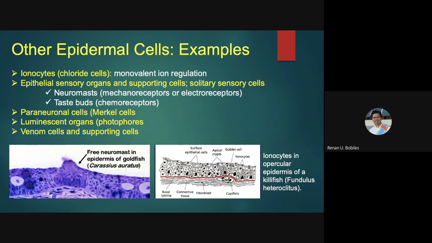From the word venom, the venom gland is often associated with spines, like in scorpionfish and lionfish. Family Scorpaenidae. In the lionfish, Pterois antennata.